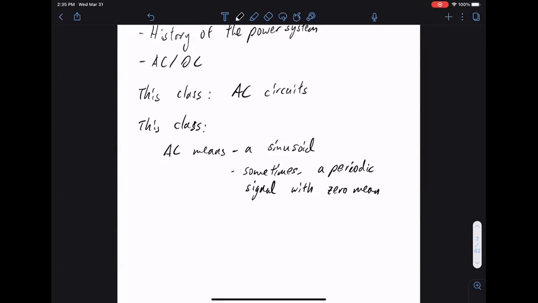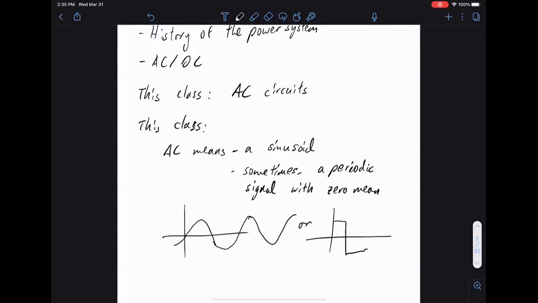So if you draw this out, it's either a sinusoid, something like this, or sometimes we'll take a signal like this to be AC. The sinusoid is alternating current. If it's a square wave but has an average value of 0, often we'll take this to mean an AC wave as well.